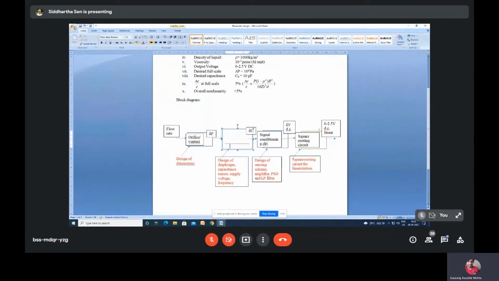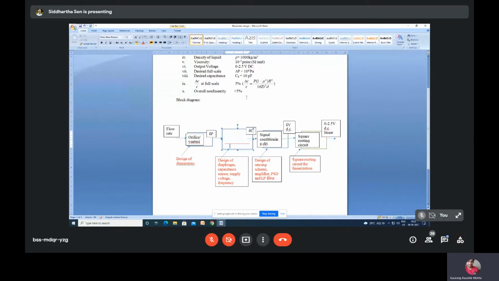We have discussed analog multiplier circuits here, and these analog multipliers could be used in a circuit that will give you the square rooting voltage. Finally, our outcome should be, for the full scale flow rate, 2.5 volt DC, and it should be linear within this 5% accuracy.